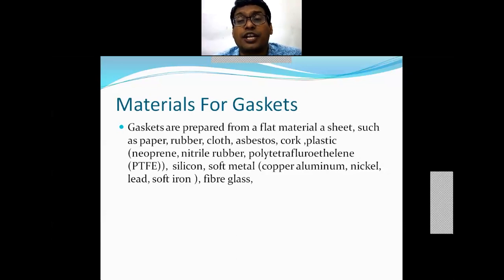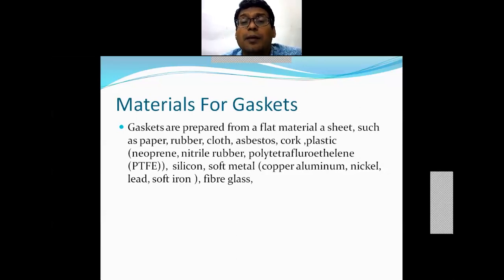surface irregularities. Then there are paper, rubber, cloth, asbestos, cork, plastic, silicone, soft metal, and fiberglass. All these are the different materials that can be used for gaskets.